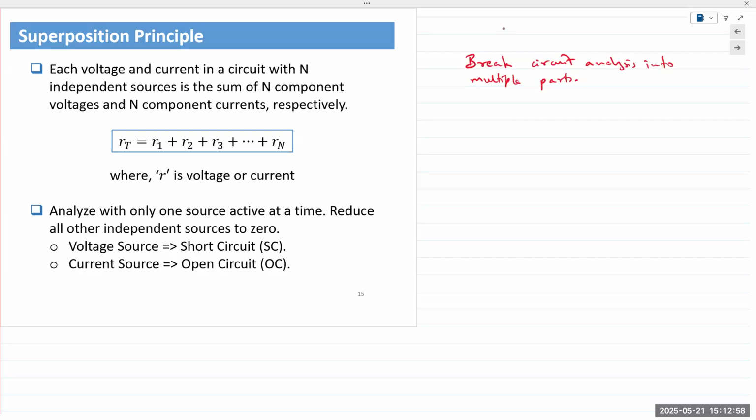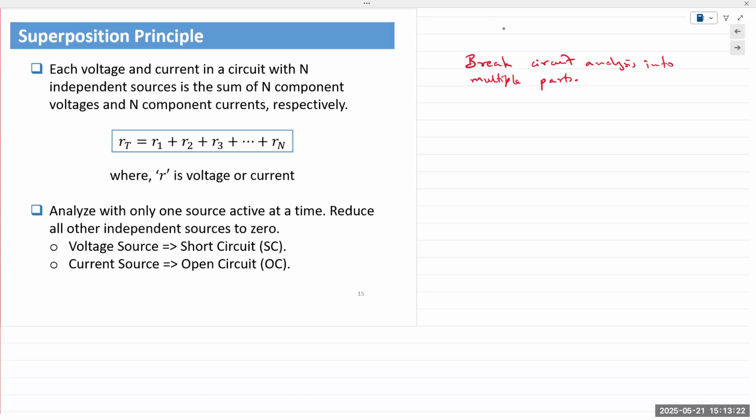The reason we can do that is because of the superposition principle. The superposition principle states that if you have n sources in a circuit, then the voltage and or current at any point in a circuit is a result of all of those n sources working at the same time.